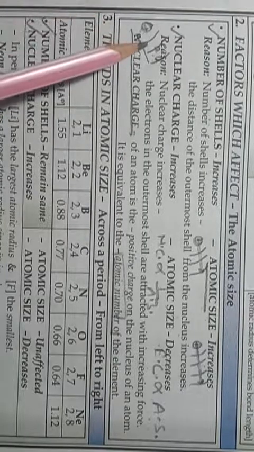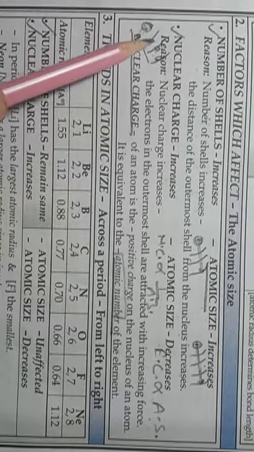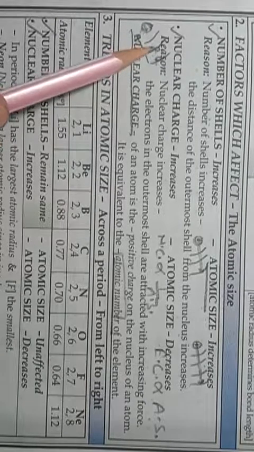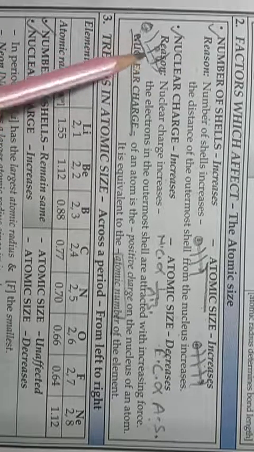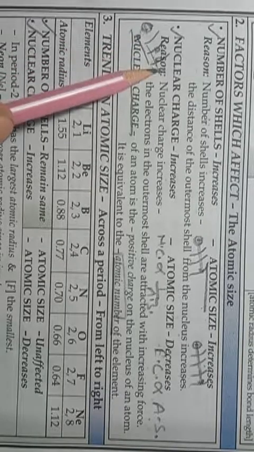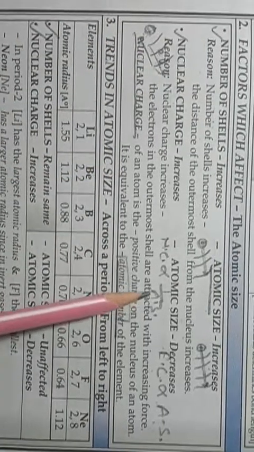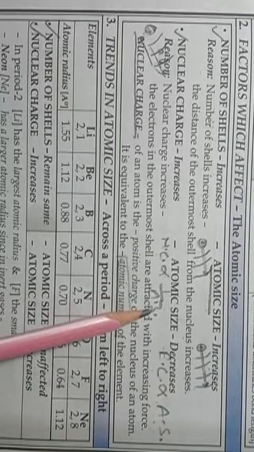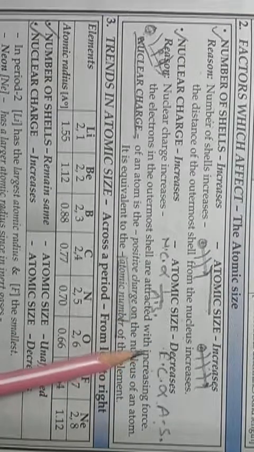Okay, and if the condition is opposite, means charge of nucleus is comparatively less and electronic charge is greater, then electrons will try to move towards the periphery. Okay, and that is why atomic size or atomic radius will expand. Okay, so such atoms where nuclear charge is dominating, atomic size is less, and where electronic charge is dominating, atomic size is more.